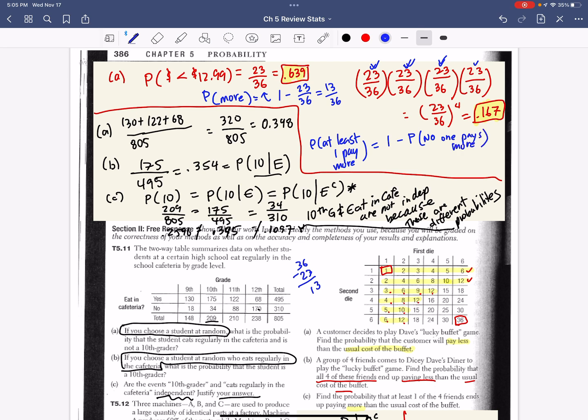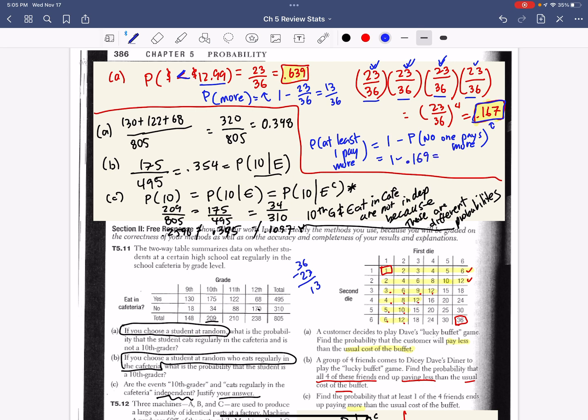And so what would that be? Well, the probability that no one pays more would be this answer here. This was every single person getting less than the $12.99. So this is the answer when no one pays more.